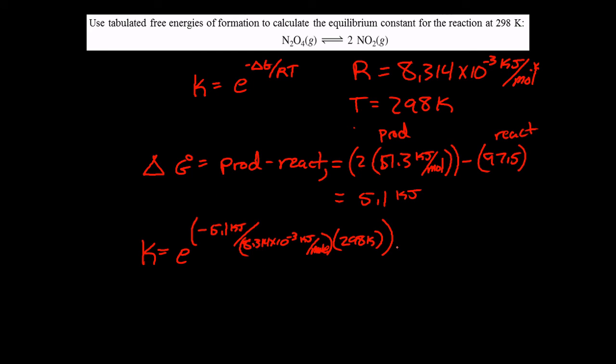All right. So, if we go ahead and plug that in, e raised to the negative 5.1 divided by 8.314 times 10 to the negative 3 times 298. That gives us K is equal to 0.128.